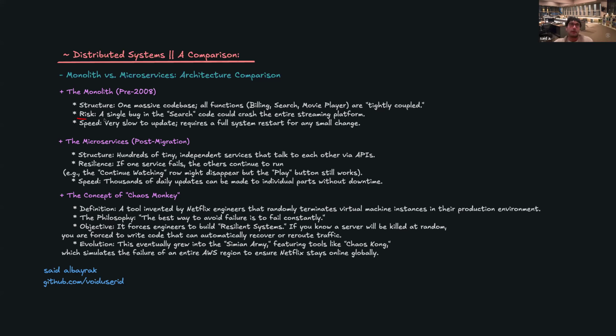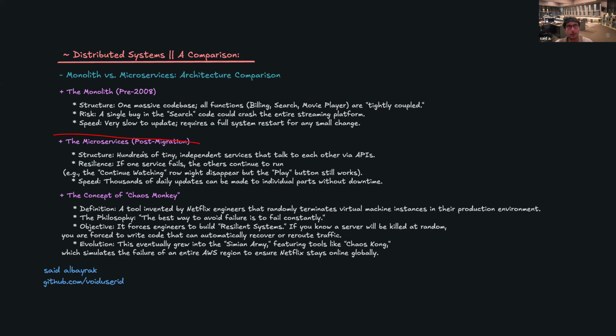But of course, there's a risk to it, and if one service has a bug or some type of problem, everything is gone. And of course, they had a speed issue here. Very slow to update, requiring a full system restart or reboot for any small change or update.